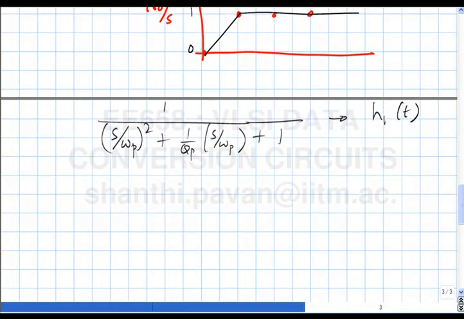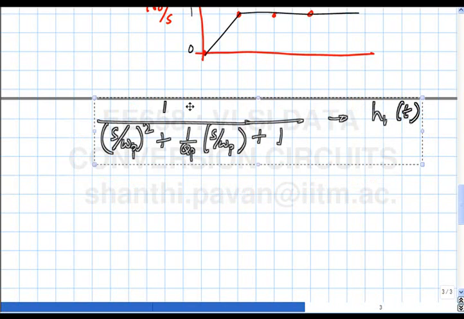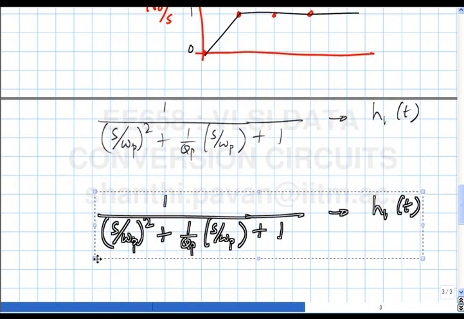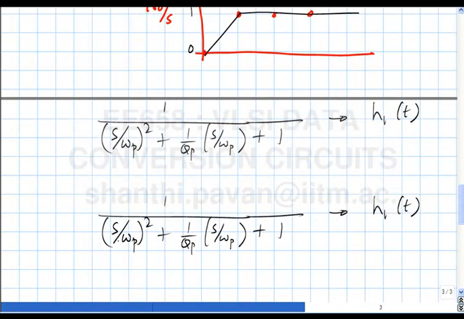Alright. Now if I made this 4 omega p, what will happen to the impulse response? It will be t by 4. In other words, what has happened here? I have increased all omega p's by the same factor. Every quantity with dimensions of time, 1 over omega p has got dimensions of time, correct?